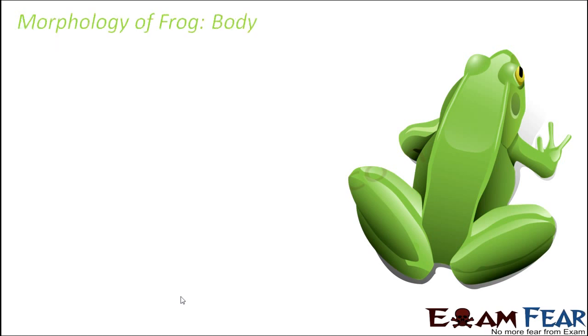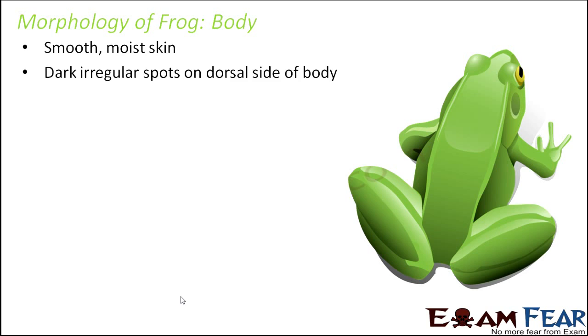So let us start with morphology, and in that also let us start with the body. How does the body of a frog look like? What are the things which are present on the body? So they have smooth, moist skin. So generally, if you touch a frog, you will always find them slimy and smooth.